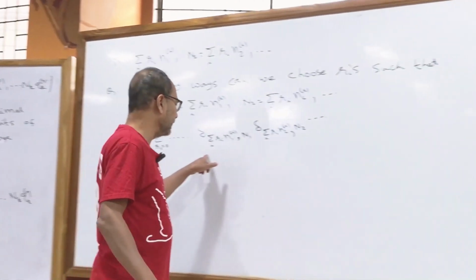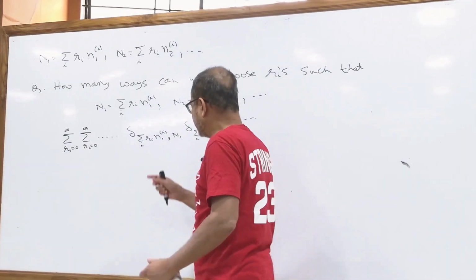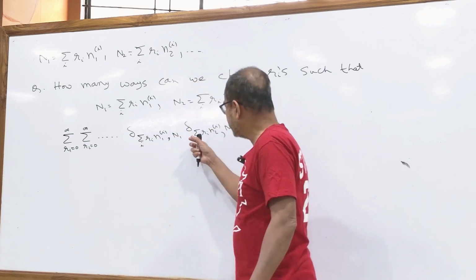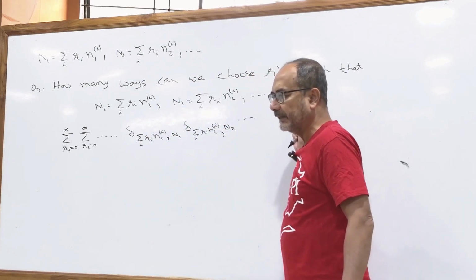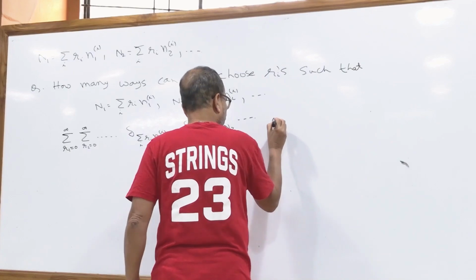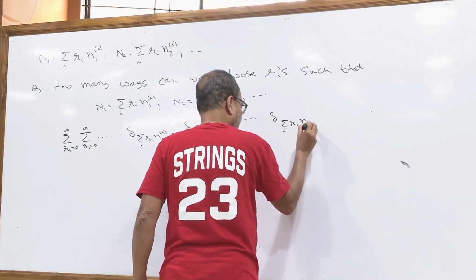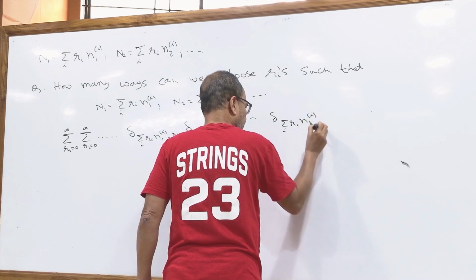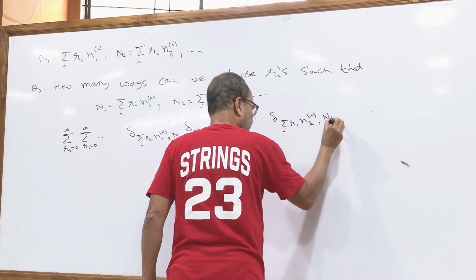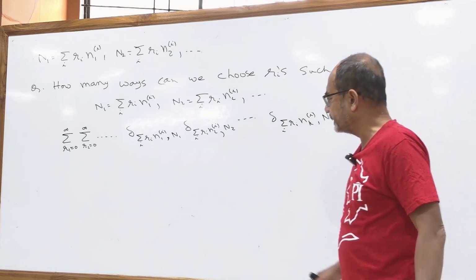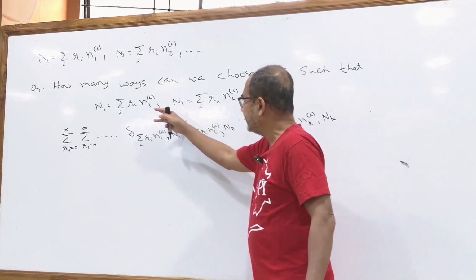But now you are multiplying it by these delta functions, which tell us that it will give you 1 only when this condition is satisfied, and this condition is satisfied, and similarly the kth condition is satisfied: delta of sum over i ri nki, nk. So this is just a formal way of writing exactly this.